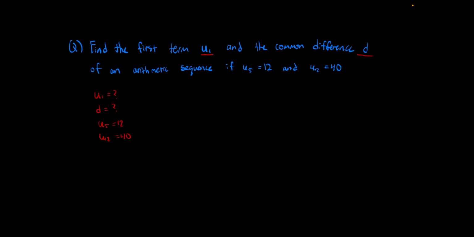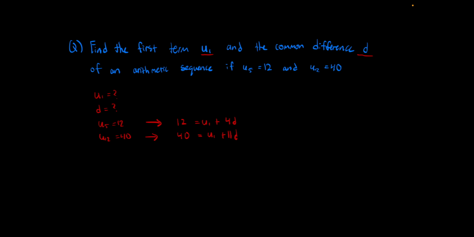So what we're going to do is use the nth term of an arithmetic sequence formula and expand both of these out. See what we get. This becomes u_5 equals u_1 plus 4d, while the second equation becomes u_12 equals u_1 plus 11d. And let's just substitute the numbers in for u_5, which is equal to 12, and for u_12, which is equal to 40. Now, we really see we have two equations with two unknown variables, which would allow us to solve for either one of them.